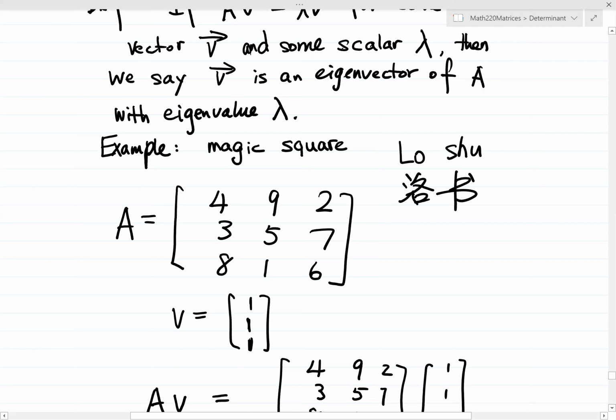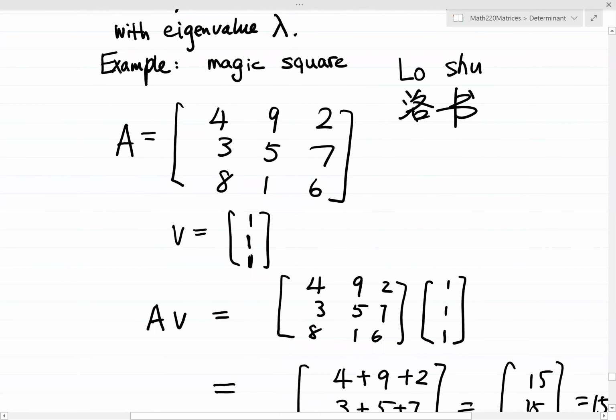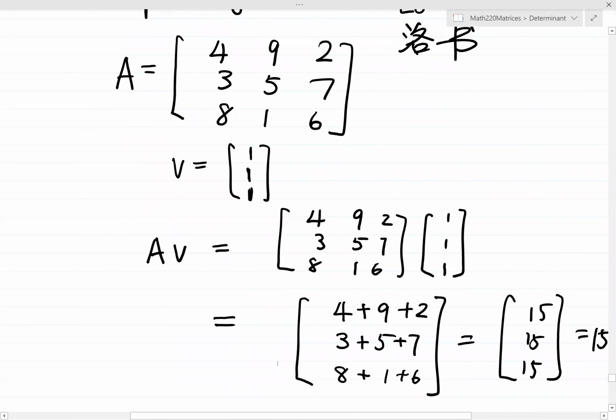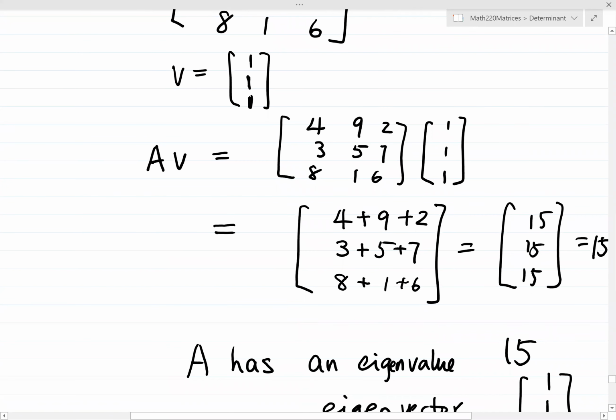If we have this magic square, then the sums of the diagonals and the sums of the rows and columns are all the same. We get 15. So if we have the vector 1, 1, 1, then A times V is a vector whose components are the sums of the rows, because every row has the same sum, 15.